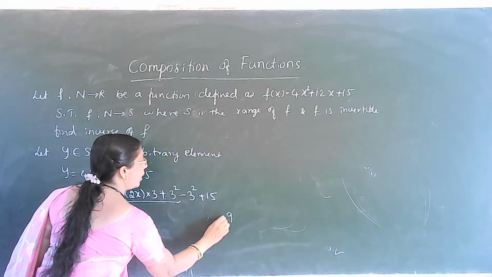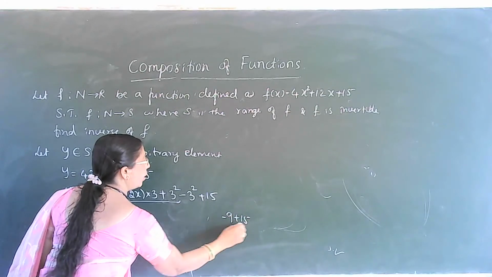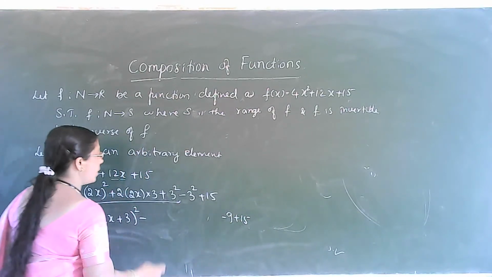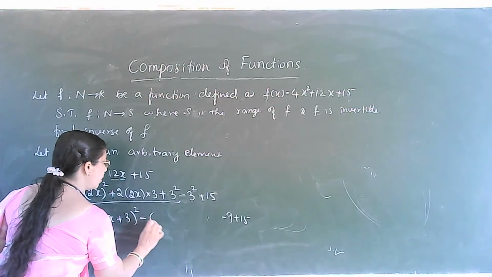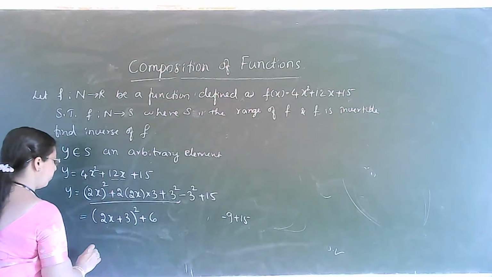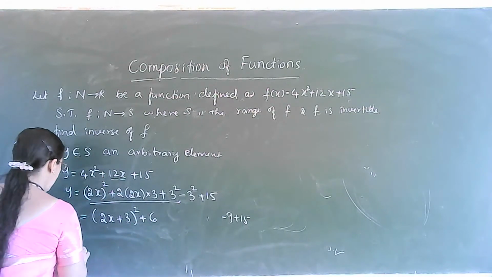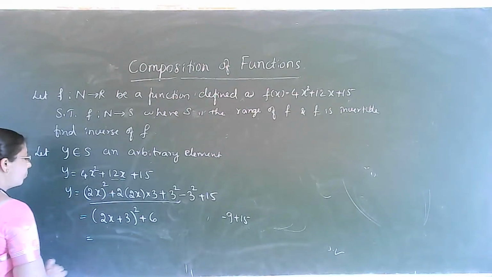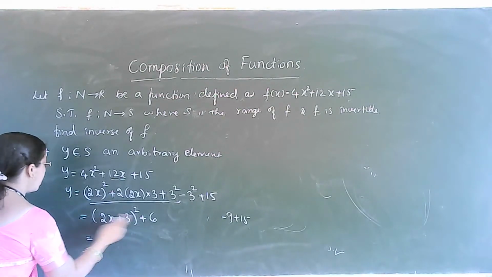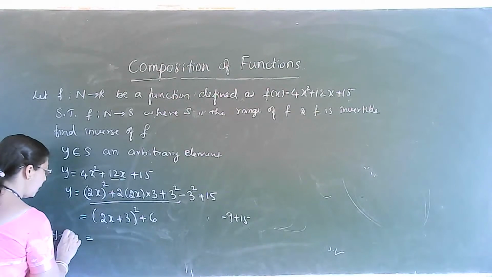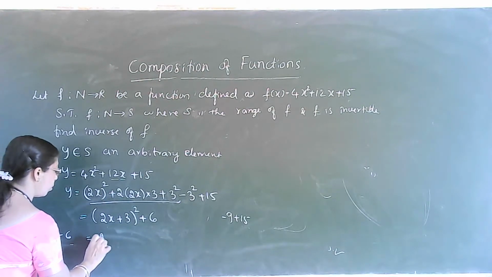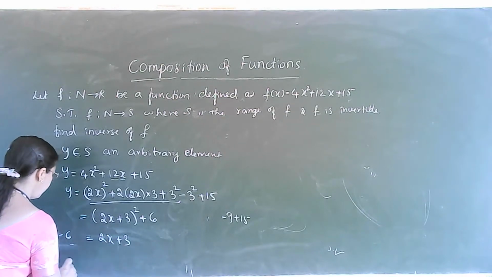Here 9 minus 9 plus 15 is equal to 15 minus 9, which is 6, plus 6. Then here 6 moves across: y minus 6 is equal to (2x plus 3) whole square.